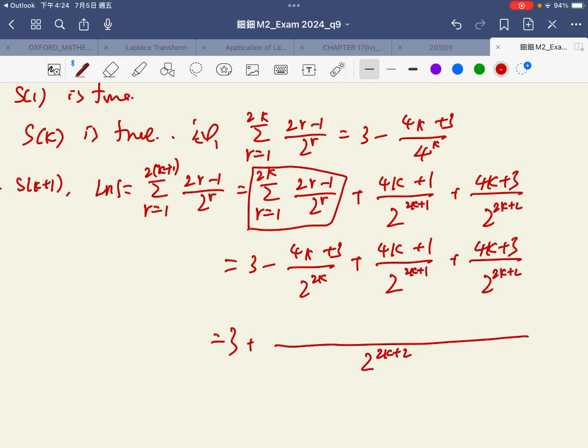So the first one should be times 4, the second part is times 2, and the third part remains the same.